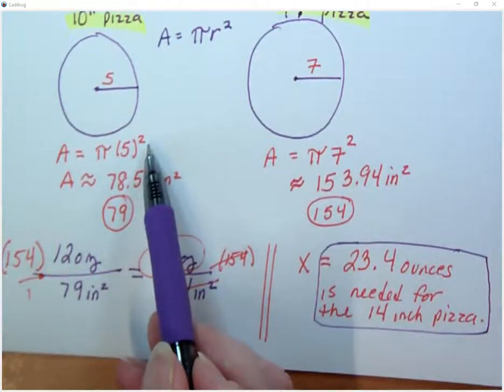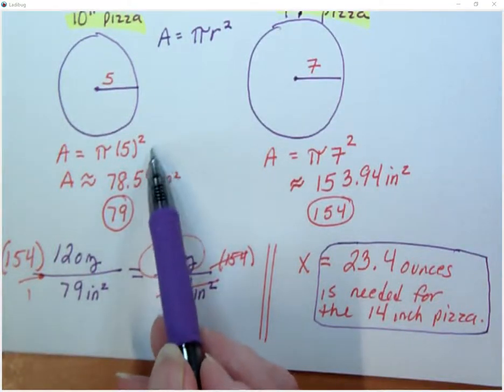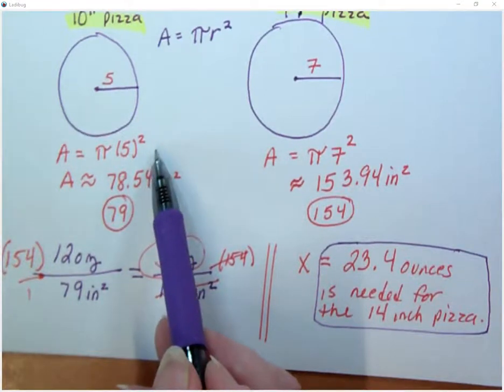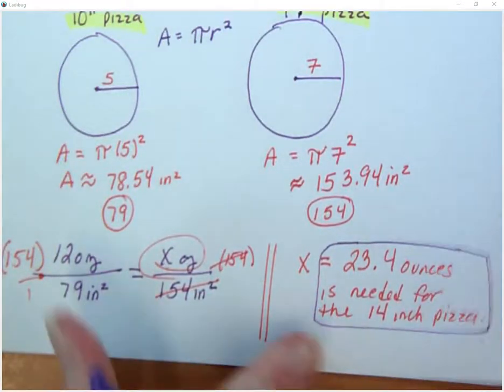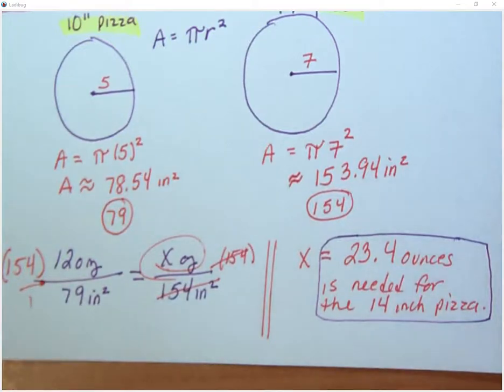Even if I had a volume problem, I would have added the other dimension of height in there, and if it were 2 inches here and 2 inches there, they would have just divided right out. So this is our answer for that one. Now we'll take a look at the next page.